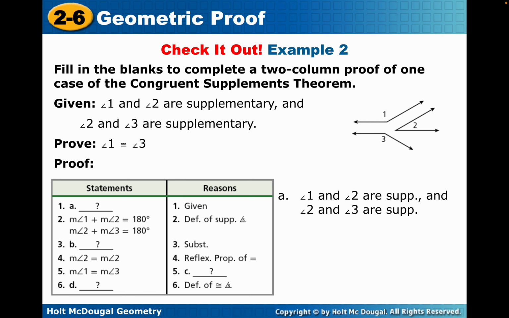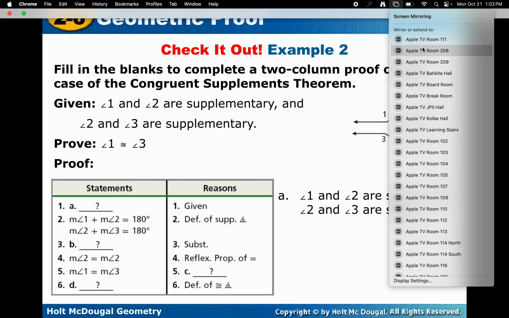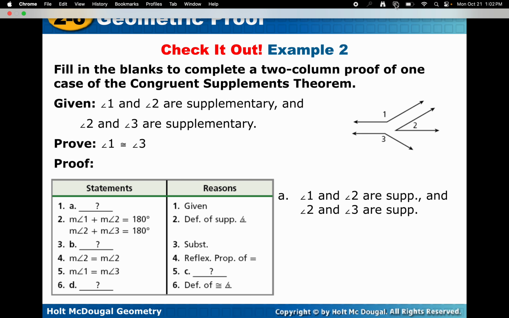Now let's look at the next steps and how it got it. Okay, we said that 1 and 2 are supplementary, and then 2 and 3 are supplementary.